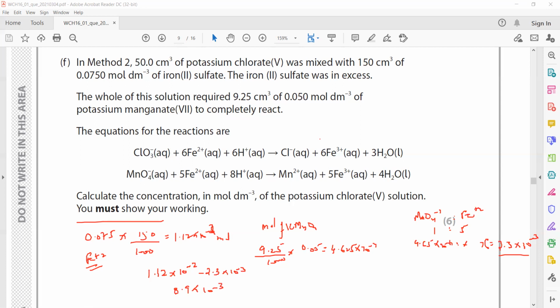And then the ratio between the iron 2 and the chlorate ion is 1 is to 6. So if we have the moles of iron 2 ion, which is 8.9 into 10 to the power minus 3, we will get moles of chlorate ion.